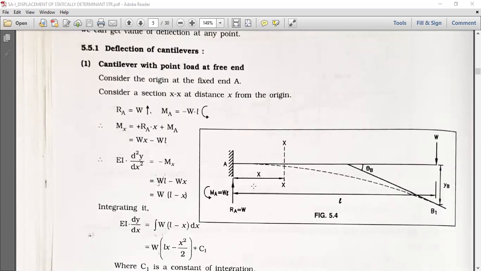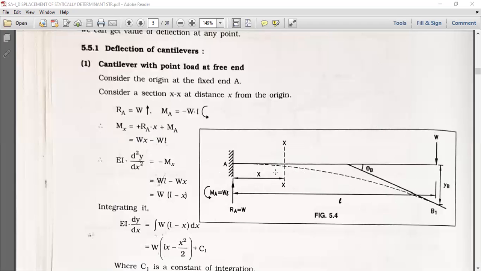In short, the moment at x is equal to reaction A into x plus moment A, which is W into x minus W into L. So we get the moment at x equal to Wx minus WL.